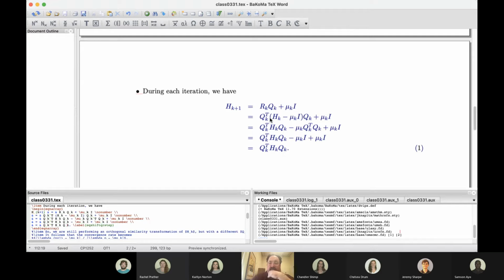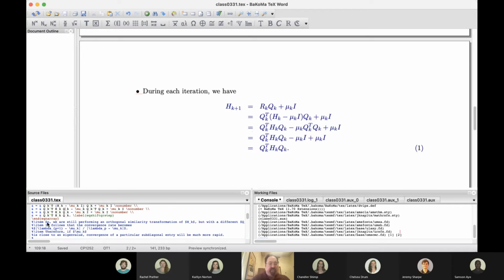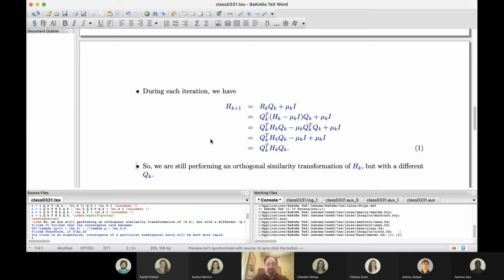Now, because we're QR factorizing this shifted matrix instead of the original, the Q k will be different. So it will be a different similarity transformation than when we don't shift, with the idea that hopefully it's a more effective similarity transformation.